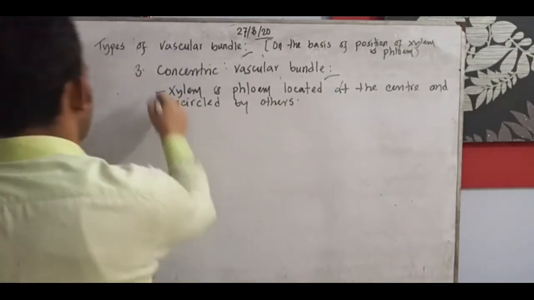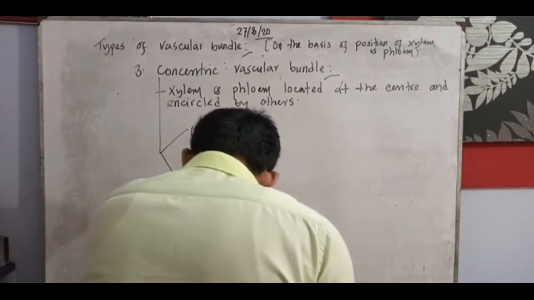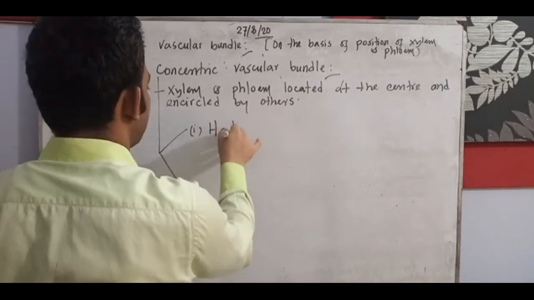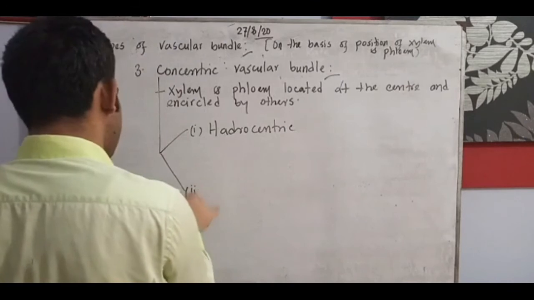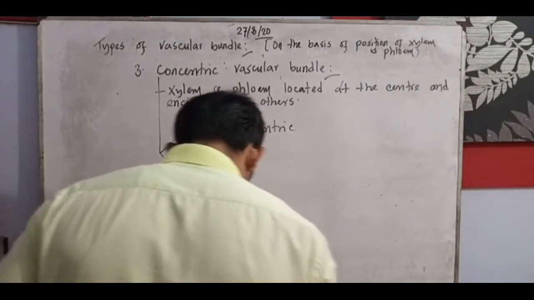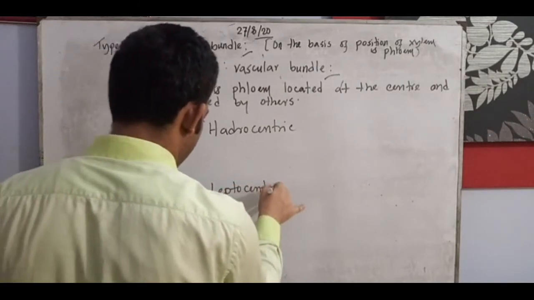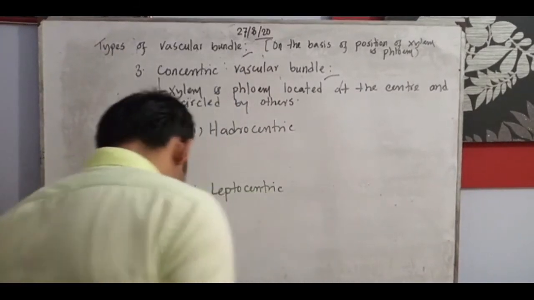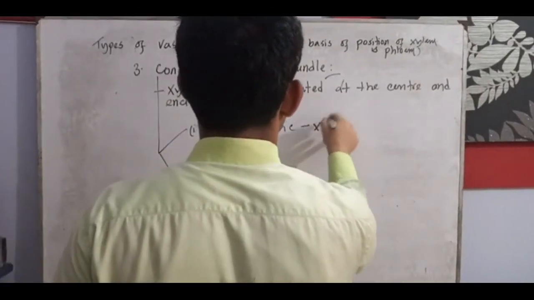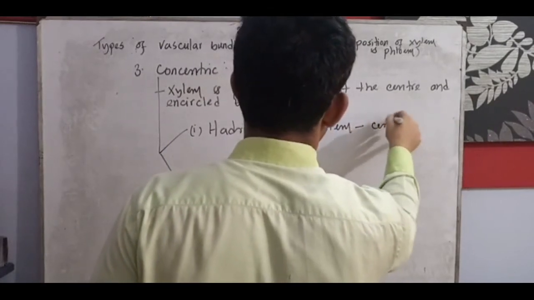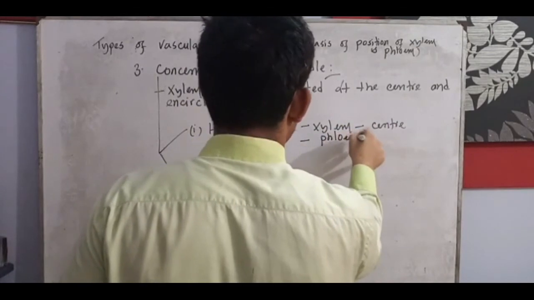There are two kinds of concentric vascular bundle. One is hydrocentric, and another one is leptocentric. Hydrocentric and leptocentric. In hydrocentric, xylem is present at the center and phloem encircled.